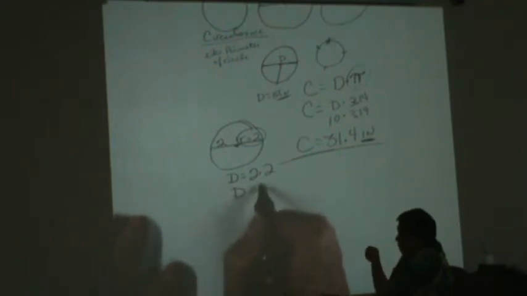What if you only knew the radius? Say the radius is 2. Okay, if you double the radius, because there's 1 radius, and the radius from here to the outside is going to be 2 again, right? If the radius is 2, the diameter is twice that. So the diameter is 4.